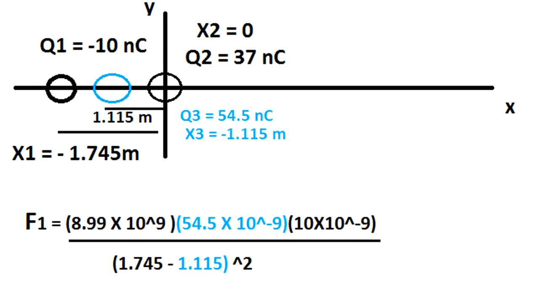So in this case, we take the force between Q1 and Q3: the constant multiplied by the Q3 charge multiplied by Q1 and divided by the distance between Q1 and Q3. In this case, the total distance is 1.745 and we subtract the distance between Q3 and the origin to get the distance between the two charges in question.